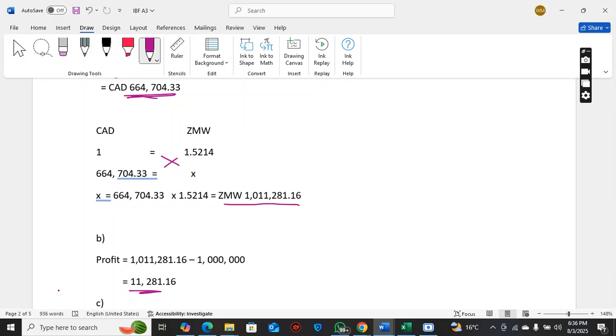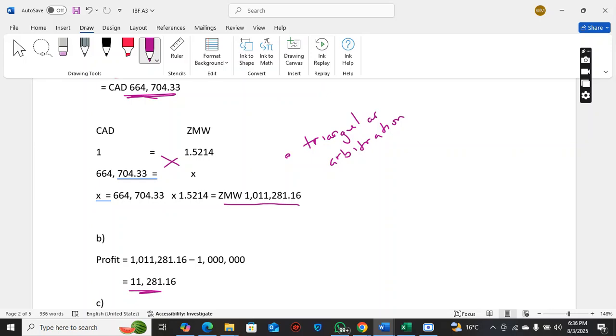This one is specifically called triangular arbitrage, because we're using three exchange rates. It's not always that you need to do it with three exchange rates.